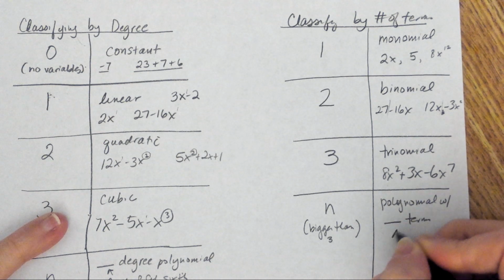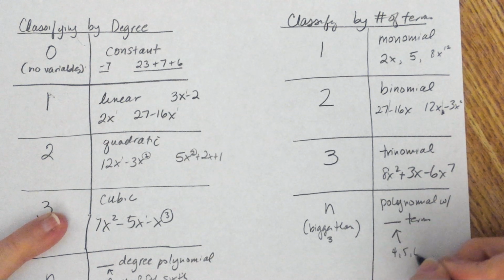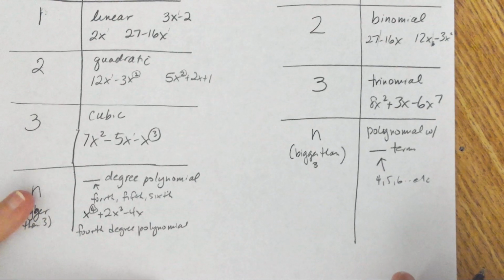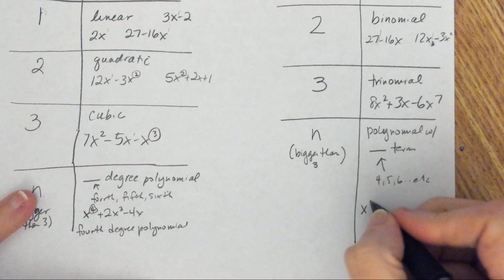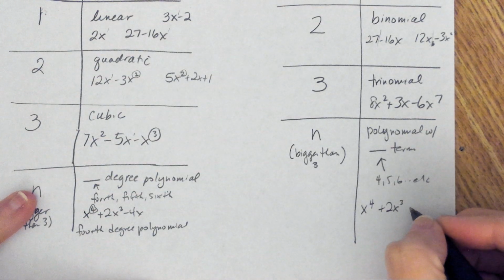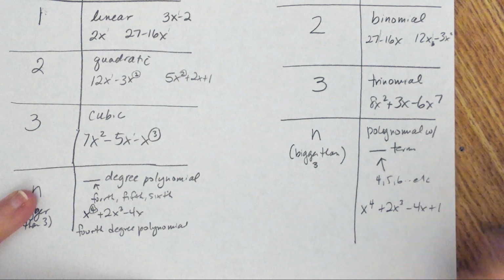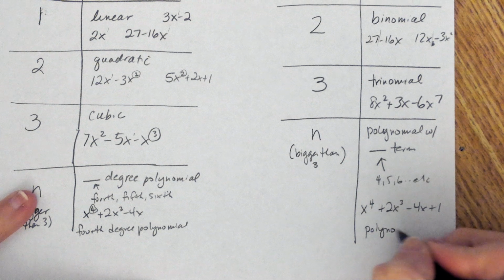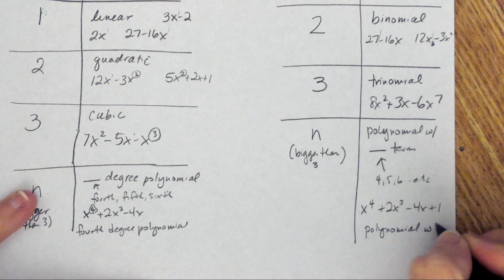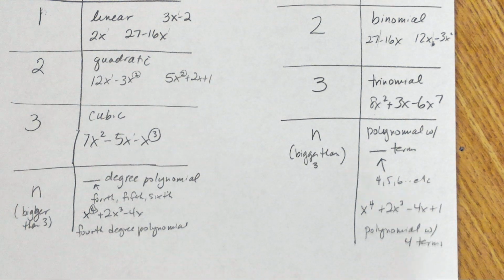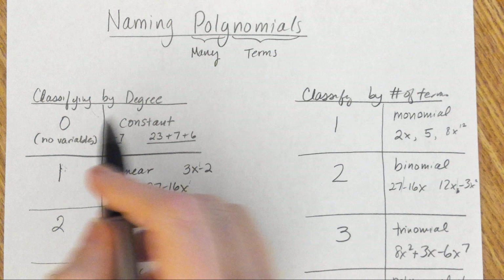And that's going to be like 4, 5, 6, etc. So, for example, let's say we had x to the 4th plus 2x to the 3rd minus 4x plus 1. Okay, we would call that a polynomial with 4 terms. Okay, because once it gets bigger than 3, we don't have special names for it. Now, so that's how we name them. That's the first name and that's the second name.